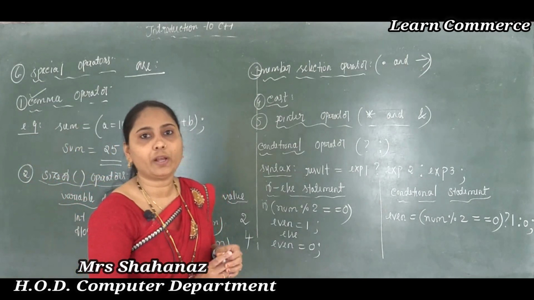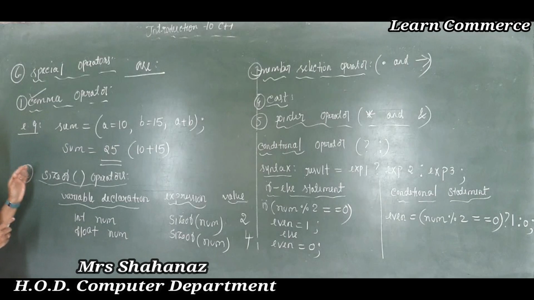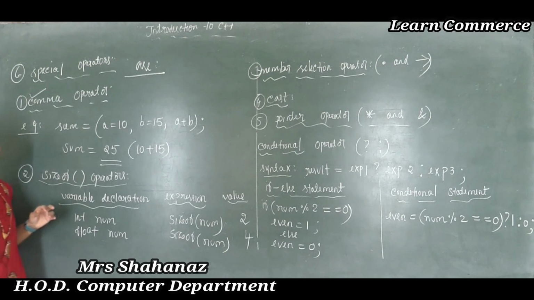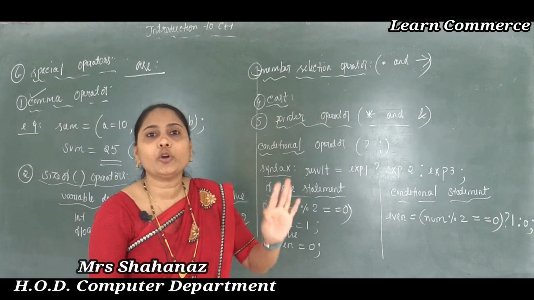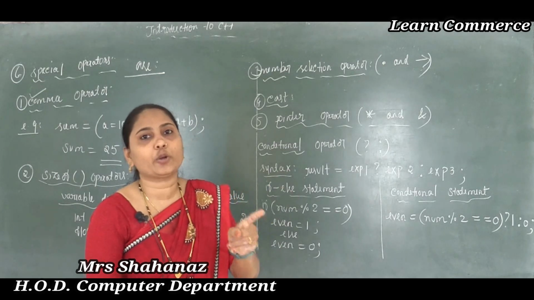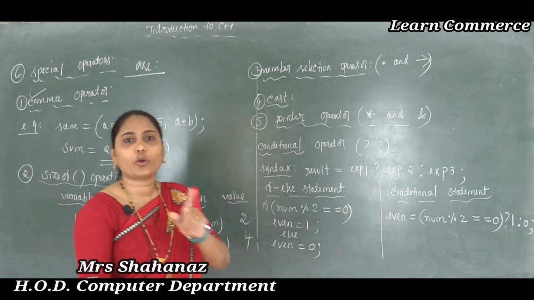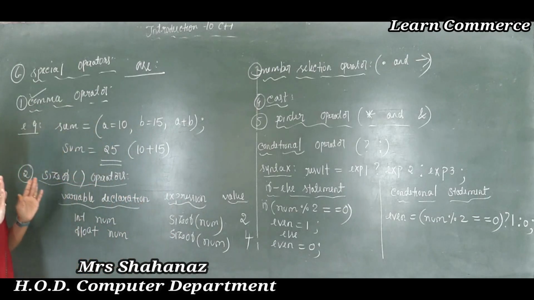So what is the meaning of the comma operator? We can say that the comma operator is used to link related expressions together. If you are going to assign a value to one variable, there is no need to use a comma: a is equal to 10, correct? That means we don't need any comma for such a variable.